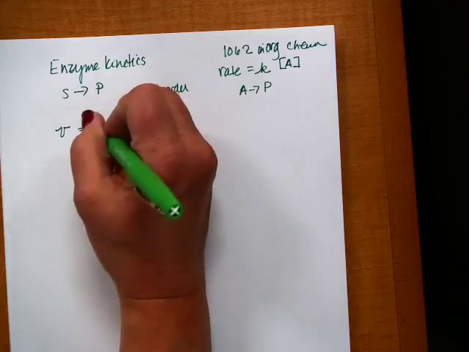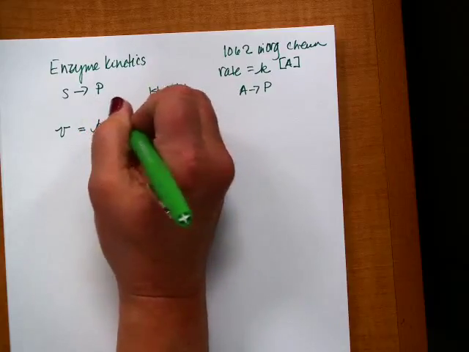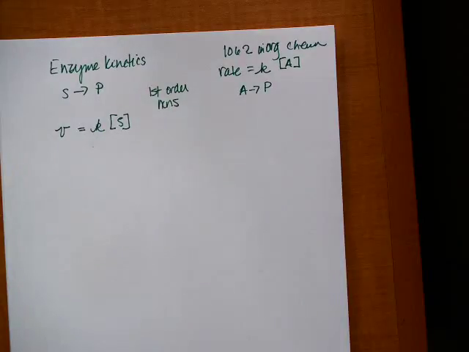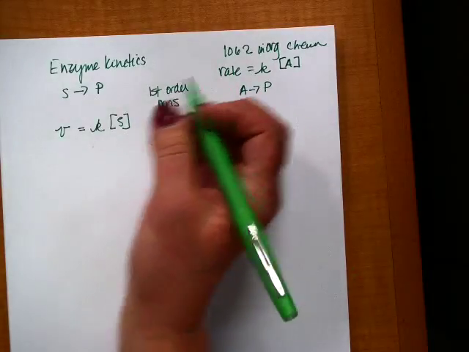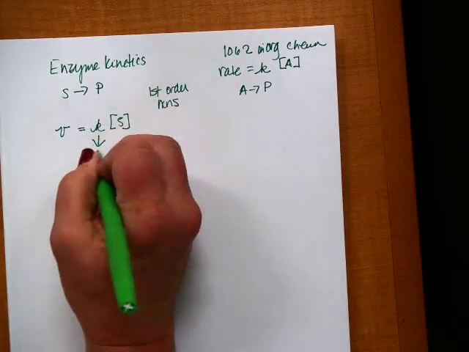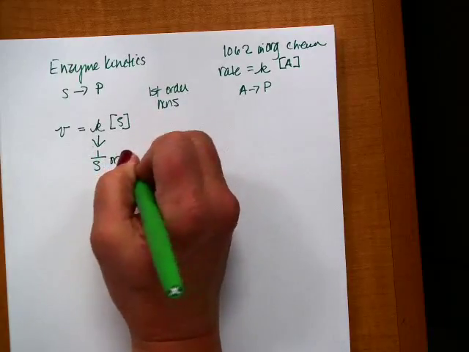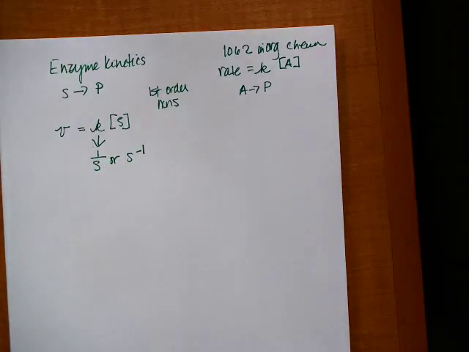So V equals k times the concentration of S. And k is a rate constant that is specific to that reaction. For first order reactions, the units of k are 1 over s, or you could write it as s to the minus 1. And k basically tells us how quickly S is going to be converted to P, for product.